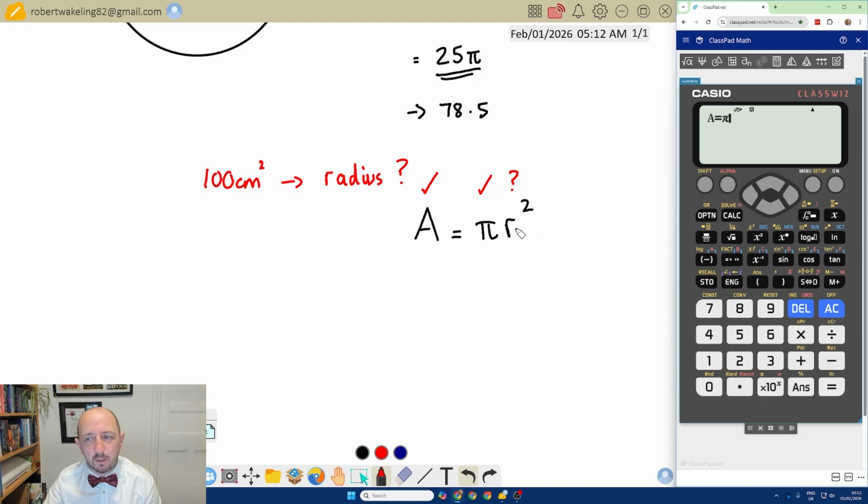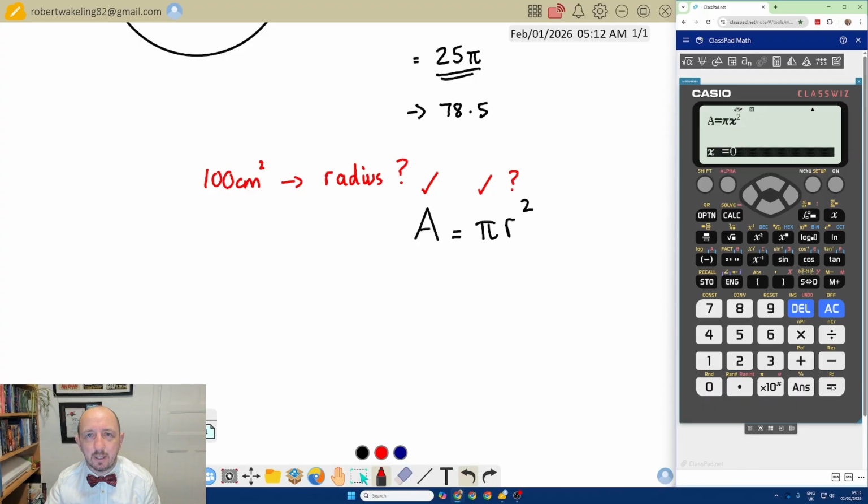We don't have an R button. We have A to F, X, Y, and M. So I'm just going to use X because that's the thing I'm trying to find. So X is a good letter to use. And when I press the Shift Solve button, it asks me, what's the area? 100. And X is the thing we're trying to find. So we don't mind what's in this black bar here.